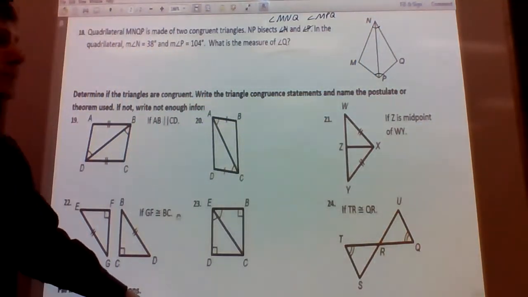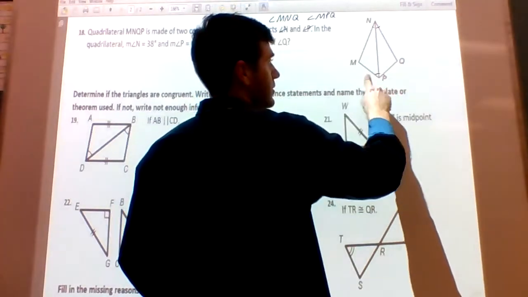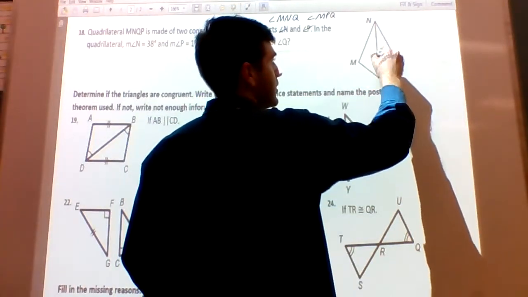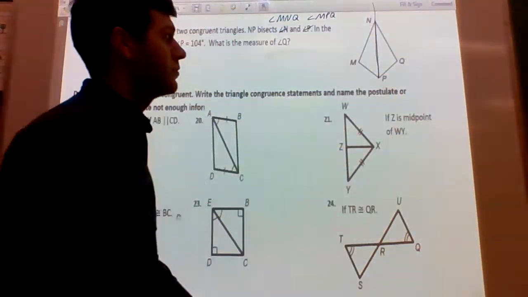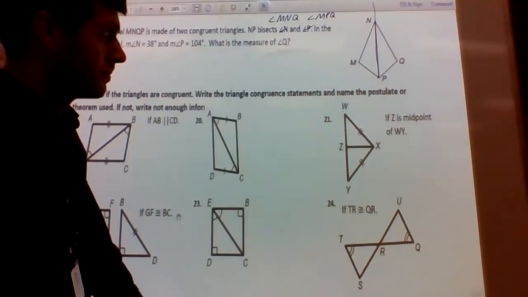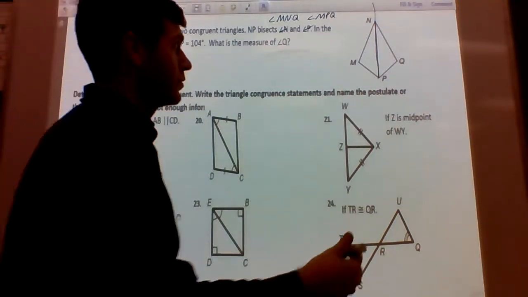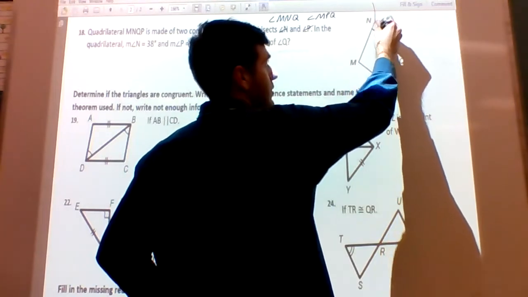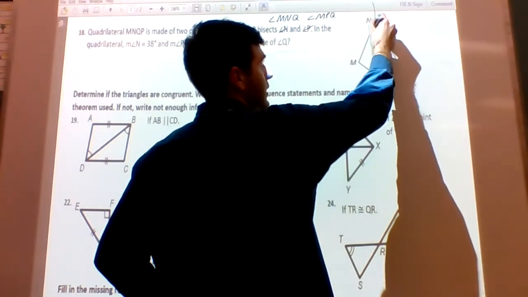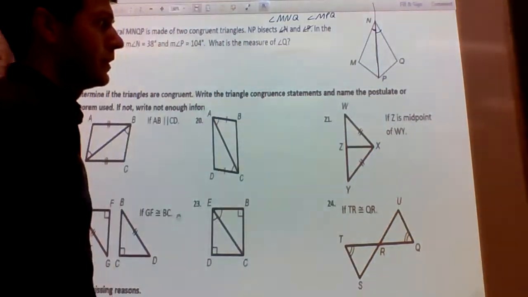So NP, this line right here, bisects angle N, or angle MNQ. It means it splits it in half. So angle MNP is going to be congruent to angle QNP.